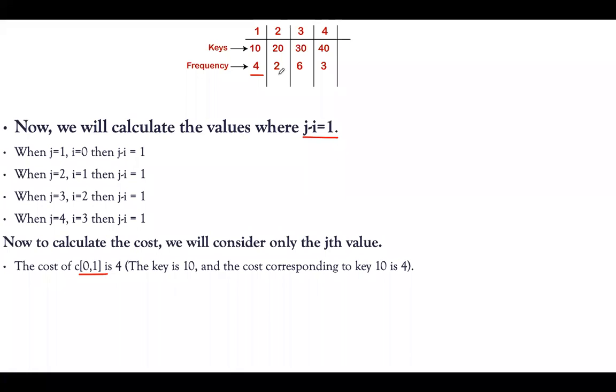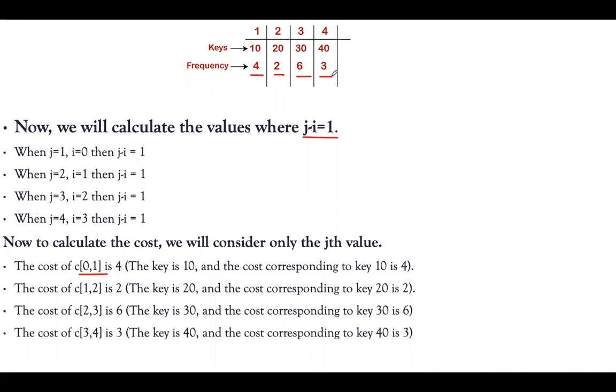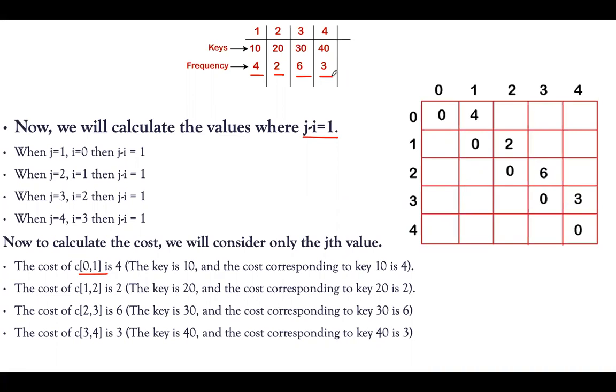Next, 1, 2 cost is 2, and 2, 3 cost is 6, and 3, 4 cost is 3. Those 4 values we will write here in the table: first 0, 1, 1, 2, and 2, 3, and 3, 4. Where j minus i is equal to 1, at these 4 locations, its values are nothing but these frequencies 4, 2, 6, 3.